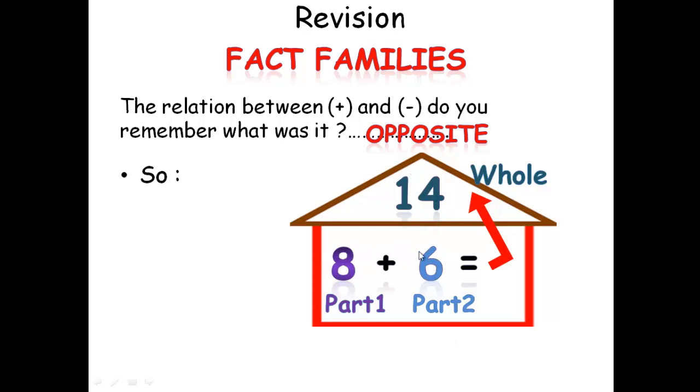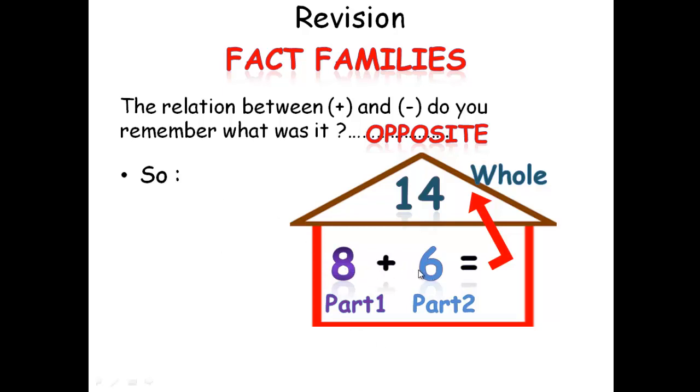So this is the first addition operation I can form, which is considered a fact family. Now, what is the next one that I can perform? It's another addition. You remember what we said yesterday, that in addition, order doesn't matter. So this time I put 8 plus 6.